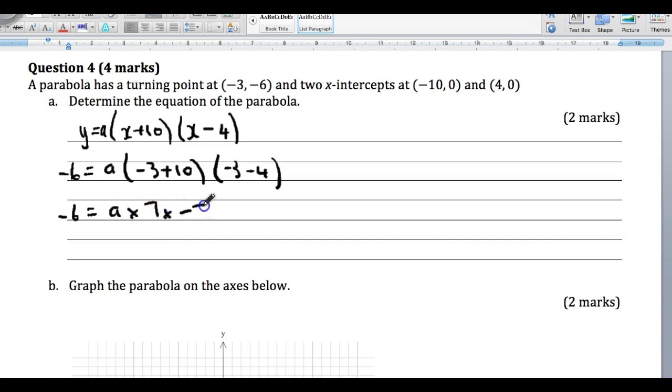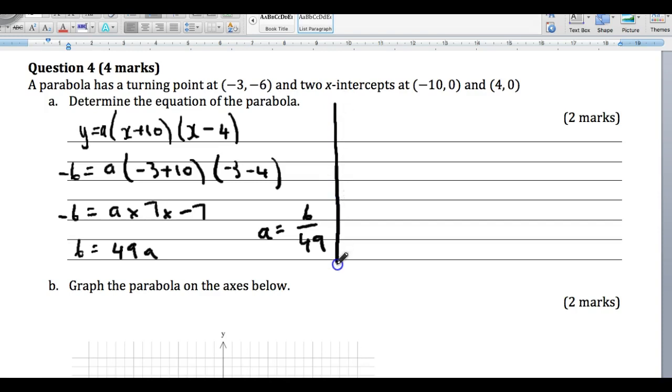Just make sure we're right. All good. Okay, I can get rid of my negatives on both sides, so I've got 49a. So a is 6 over 49, and that does not simplify at all.